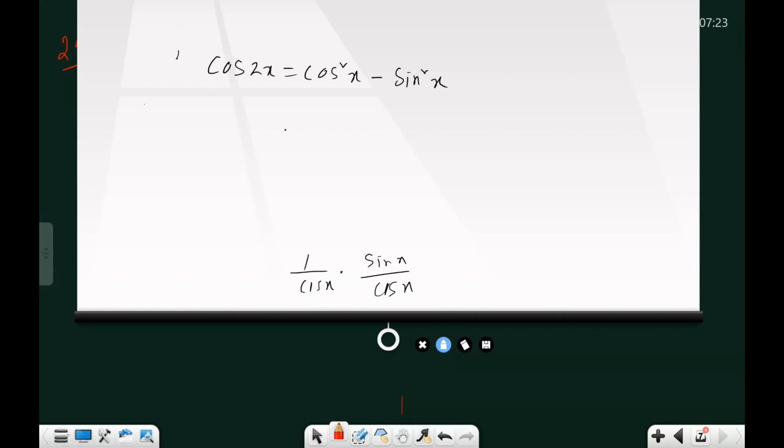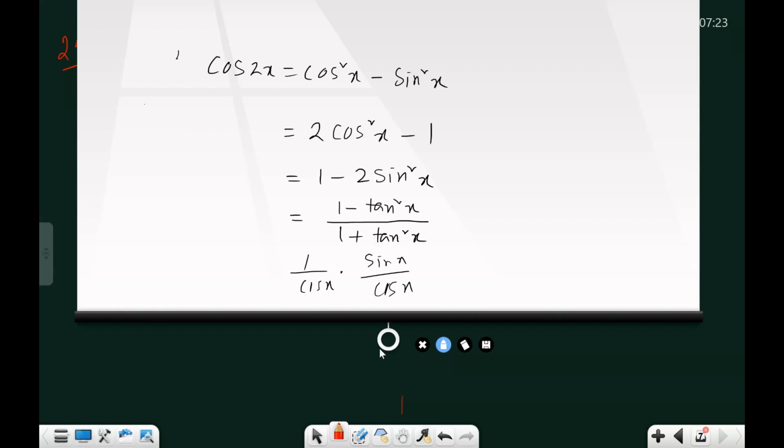The second one is 2 cos square x minus 1. The third one is 1 minus 2 sine square x, and the fourth one is 1 minus tan square x divided by 1 plus tan square x.